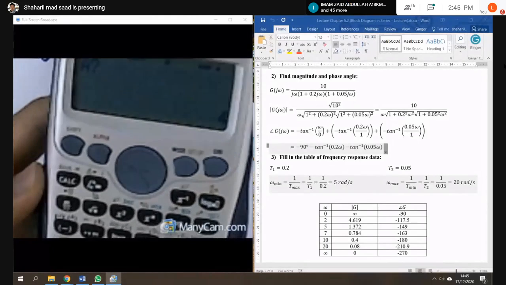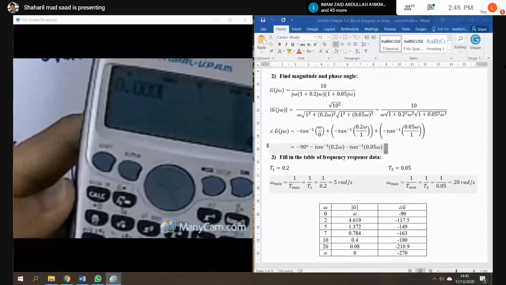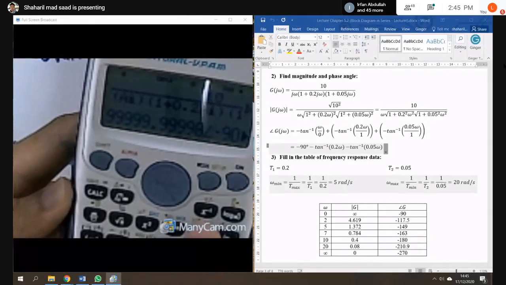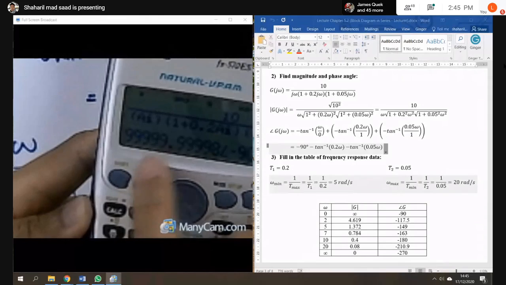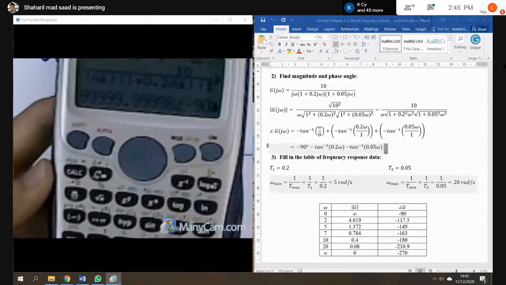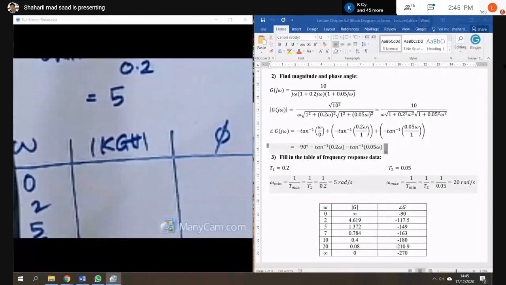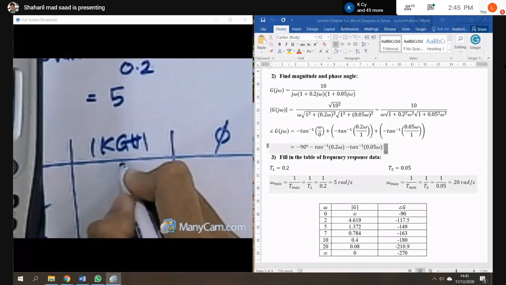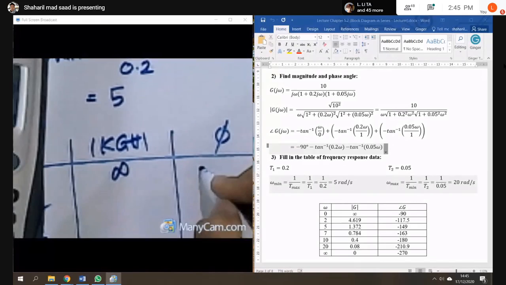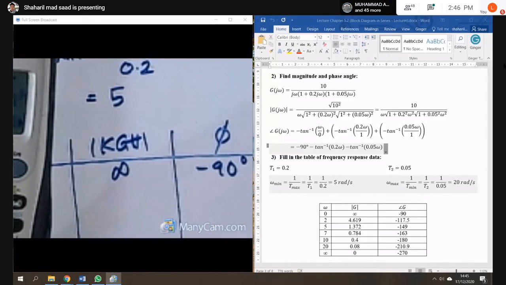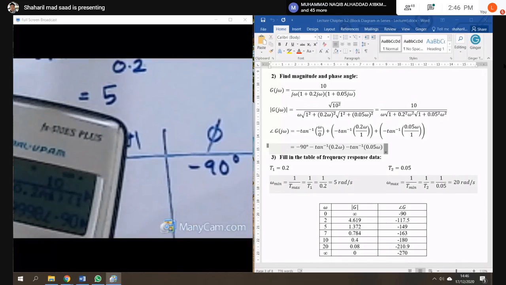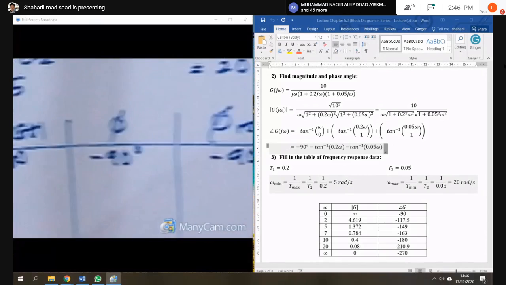So why don't we put 0.0001, and equal. You find 99,000, and the angle is minus 90. So when omega is 0, the magnitude is infinity and the angle is minus 90. Real is also minus 90. You get a negative and negative, it's also fine. Good.